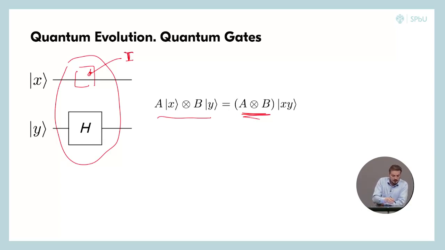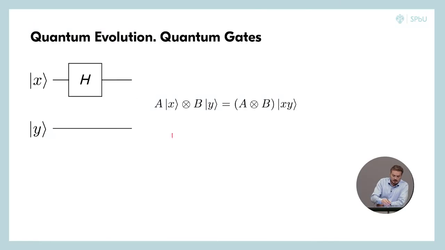And the matrix of this transform will be this. And in the very same situation here, the matrix will look like this, which is 1 over square root of 2 times identity, identity, identity, and minus identity.